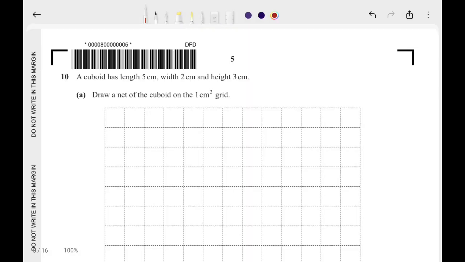In this question, a cuboid has length 5 cm, width 2 cm, and height 3 cm. Draw a net on the 1 cm square grid. So students, let us draw a cuboid.